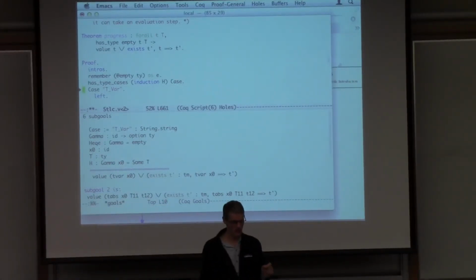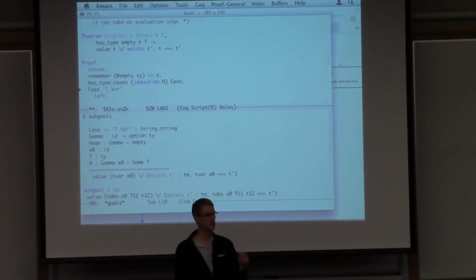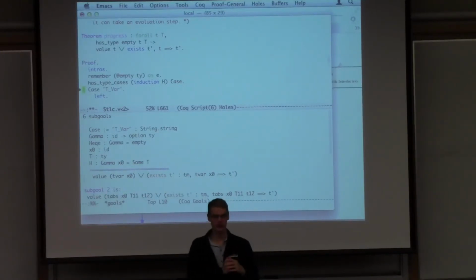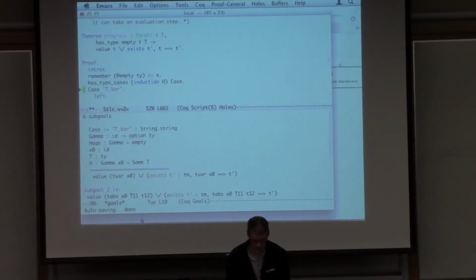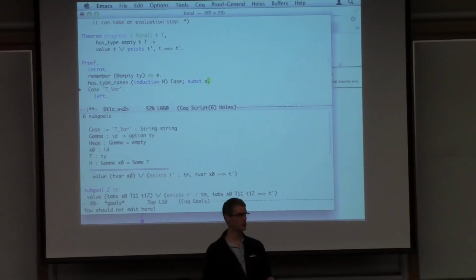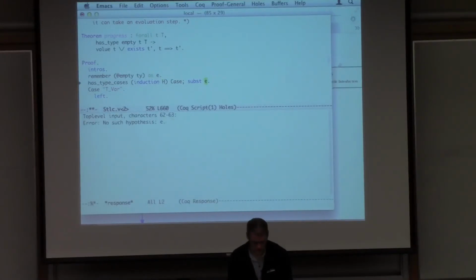That fact is something we're going to want to use in many of the cases, so we needed to pull it out with this remember, but in some sense, the first thing we should now do is put it back in. So I'm going to suggest that in each of the cases, we do a subst E before we do anything else.